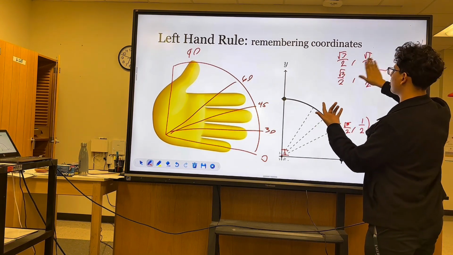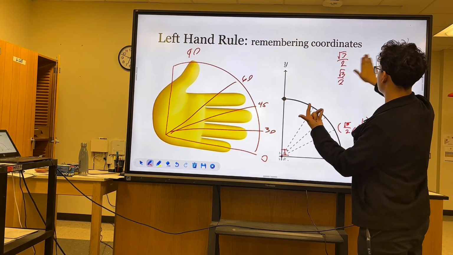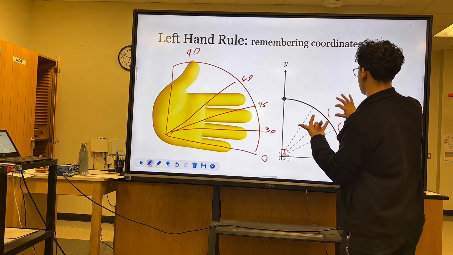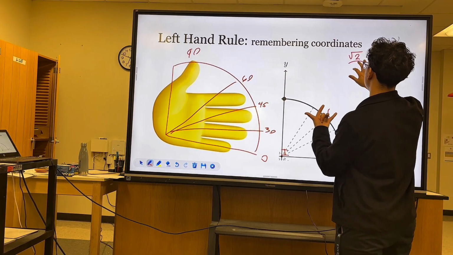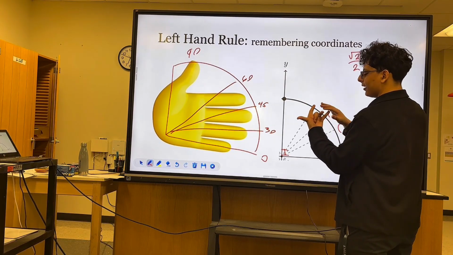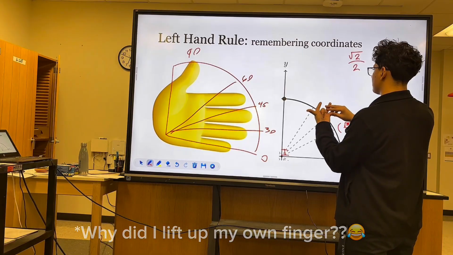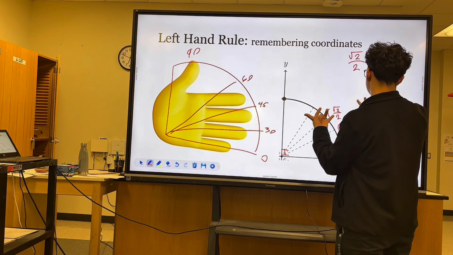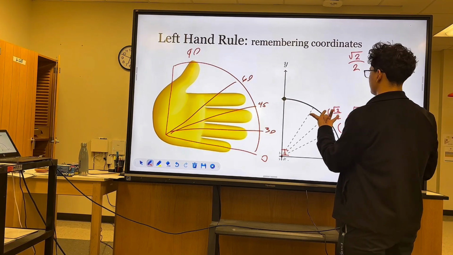All right, now let's try 45. There are 2 fingers on each side, so they have to be the same. Square root of 2 divided by 2, square root of 2 divided by 2.